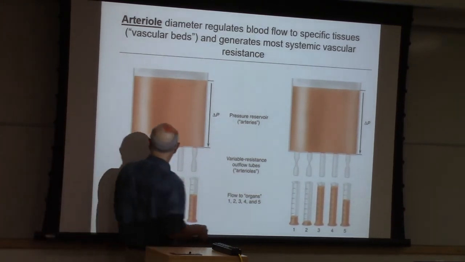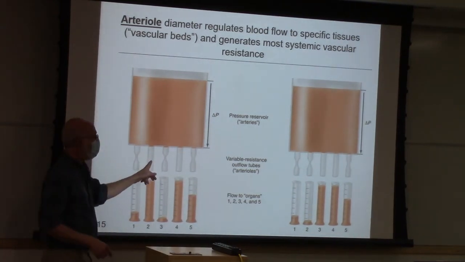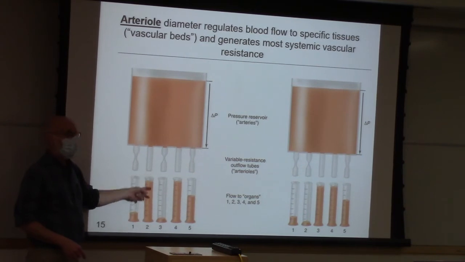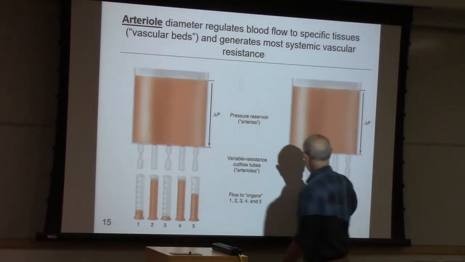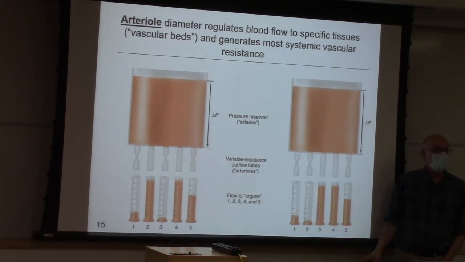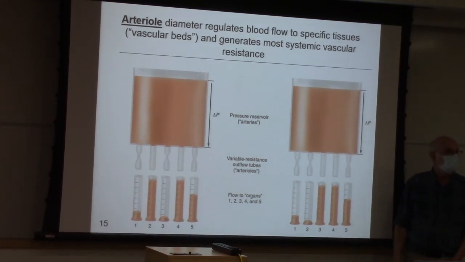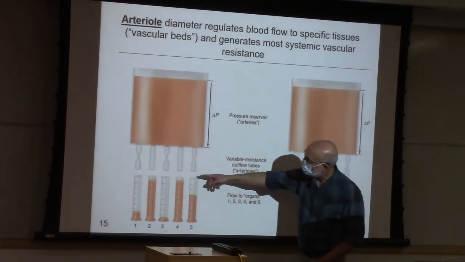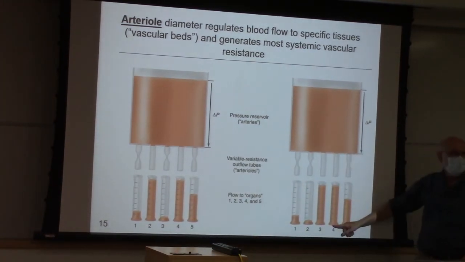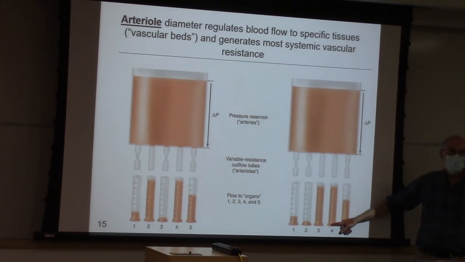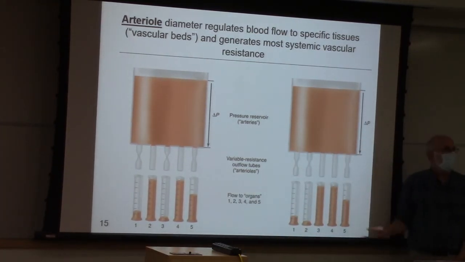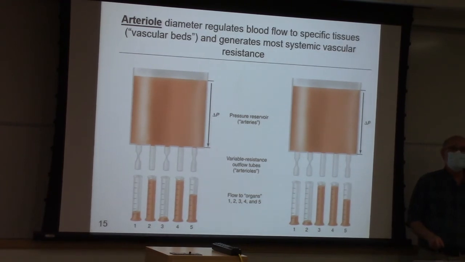And so let's just say this one goes from fully dilated and gets a lot of blood to fully constricted and gets very little blood. And this one gets a lot of blood no matter what. So this one is a pretty good illustration of the brain. The brain gets a lot of blood no matter what.